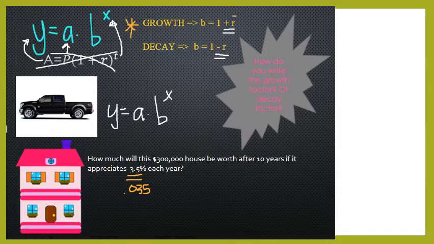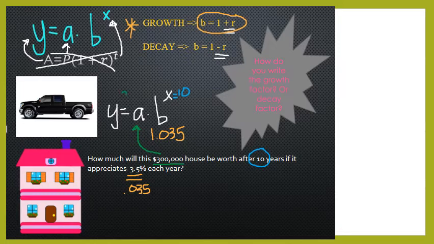So our B in this situation is actually 1.035. Now, our X is really just a fancy word for our time. In this case, our time is 10 years, so our X equals 10. And our A is our starting amount, which is 300,000.